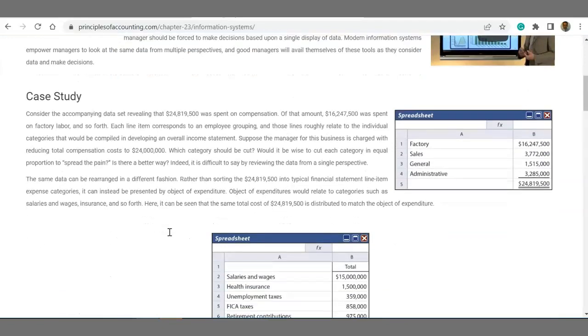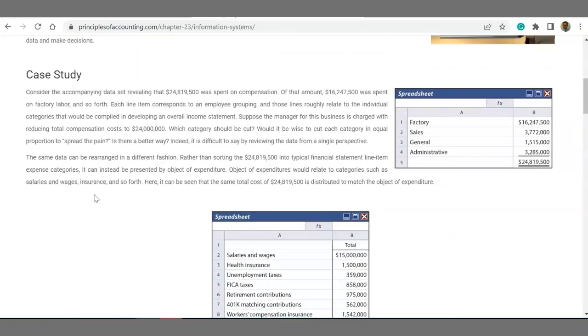So let's say here we have a case study that says, consider the company data set revealing that $24 million was spent on compensation. Of that amount, 16 million was spent on factory labor and so forth. So you see here, the total compensation was $24 million.